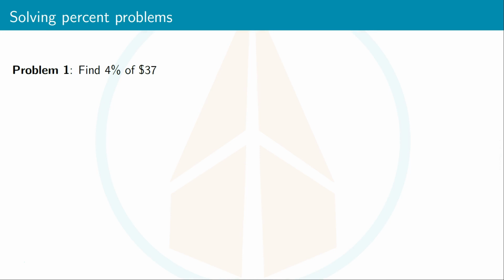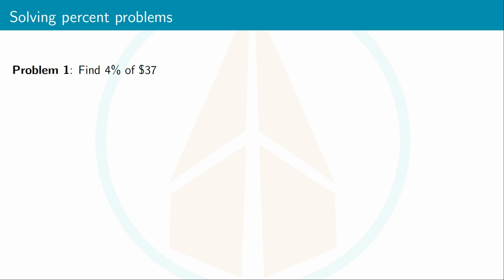Let's check out our problem 1. Find 4% of $37. 37 is not a convenient quantity to think of as a sum of hundreds. In this problem, it is somewhat cumbersome to use the meaning of the word percent directly. Therefore, instead of finding quantity per 100, we'll find the equivalent quantity per 1.